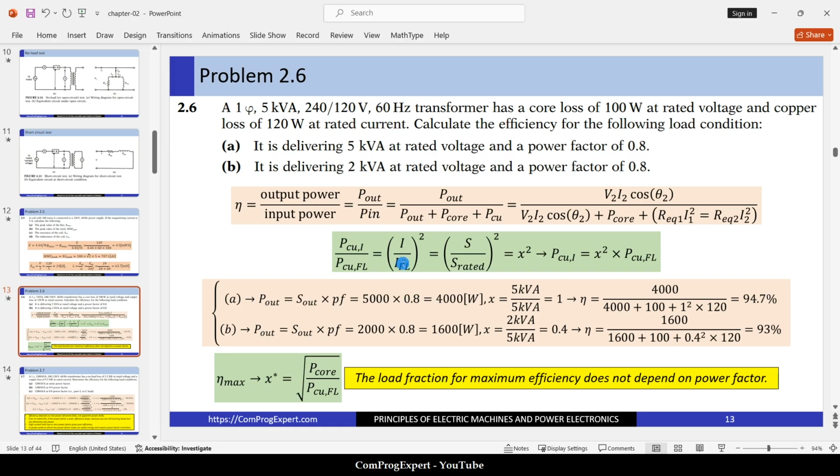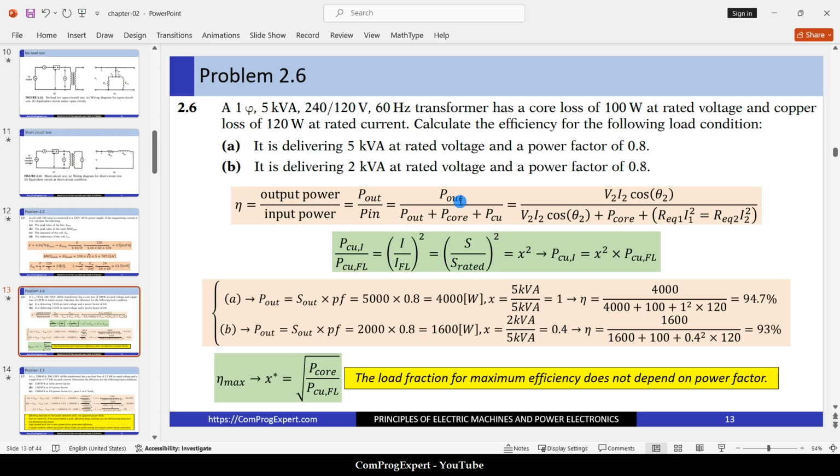The load fraction is defined as the current divided by the full load current. So this is secondary current I2. You can consider that, or it is defined as the volt ampere of the transformer for a specific load fraction divided by the rated one. What is the rated value of S? In our case it is 5 kilovolt ampere, the rated value of S for this transformer.